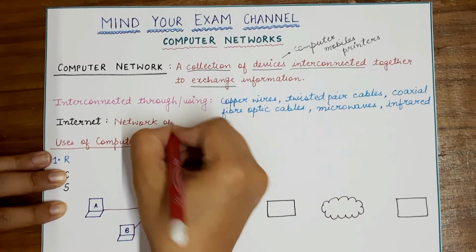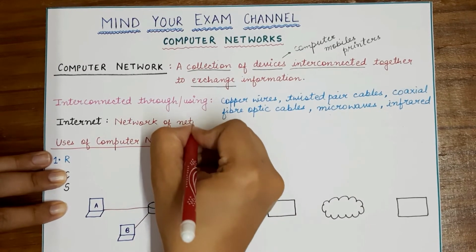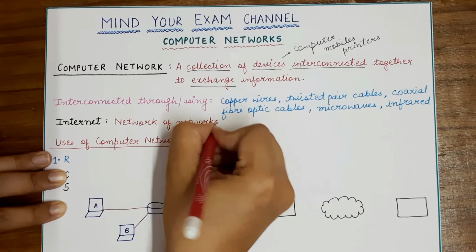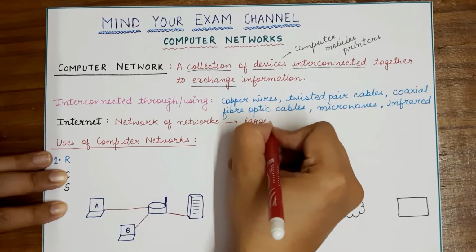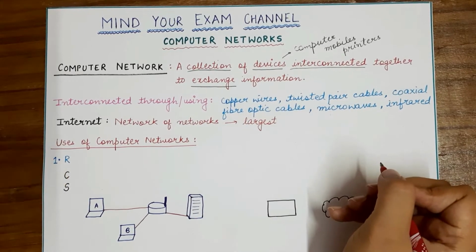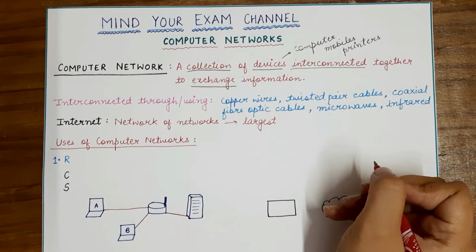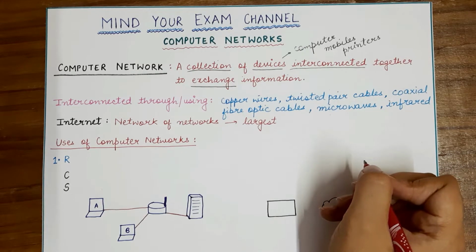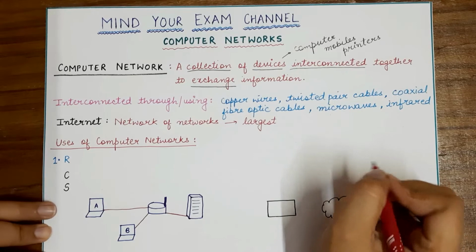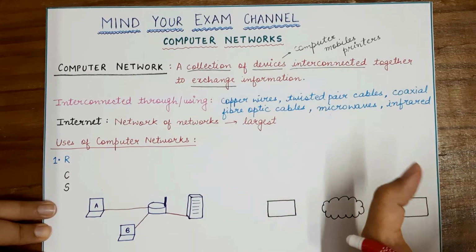So the internet is a network of networks and it is the largest network as of now. When you are asked what is the largest network that you use in your daily lives, it is the internet. It consists of a large number of networks within itself, and all those networks combine together to form the internet.